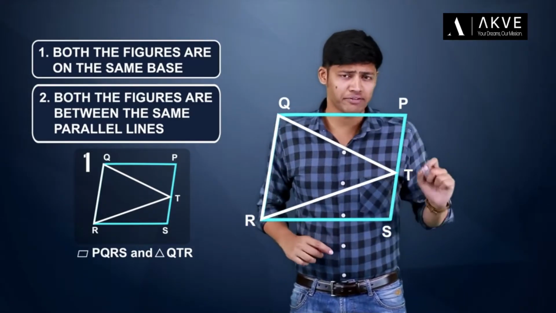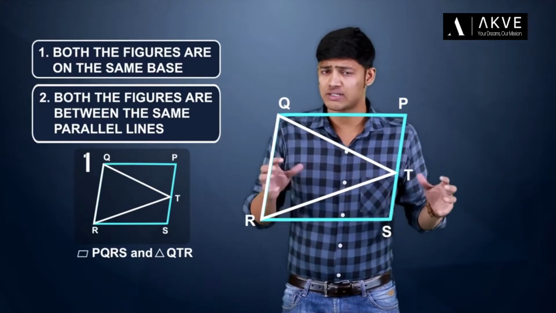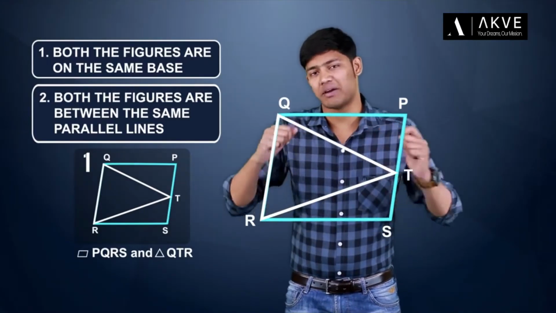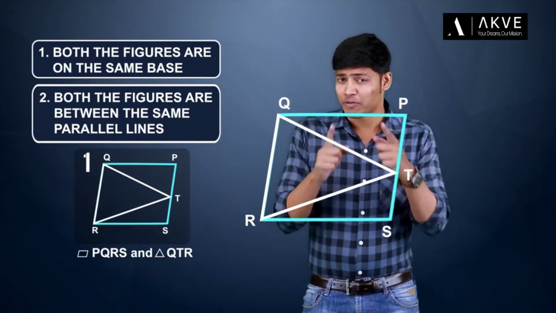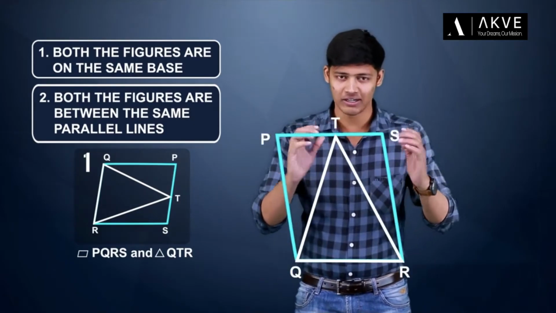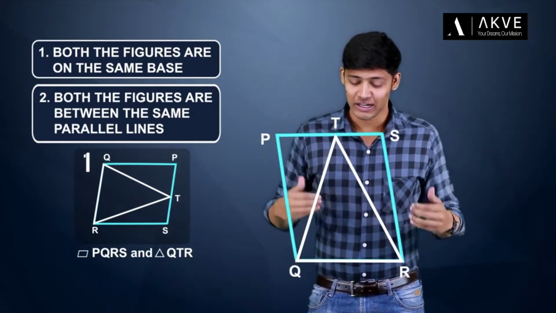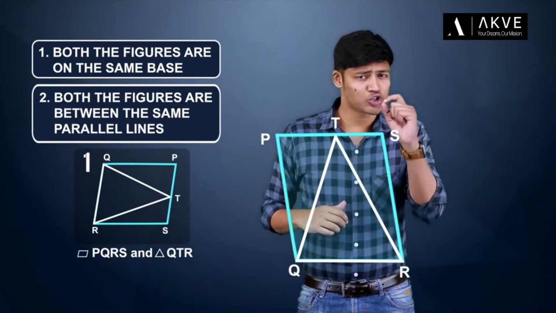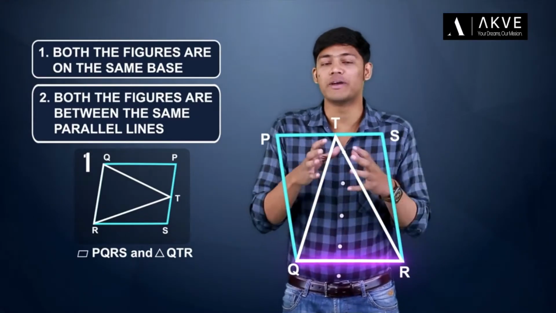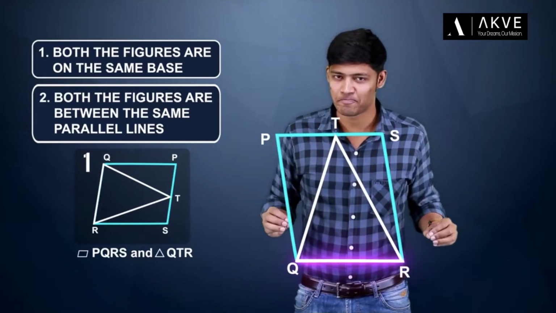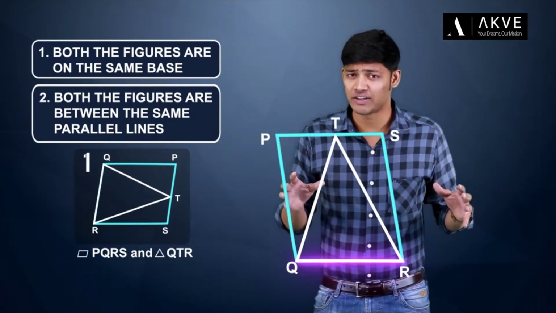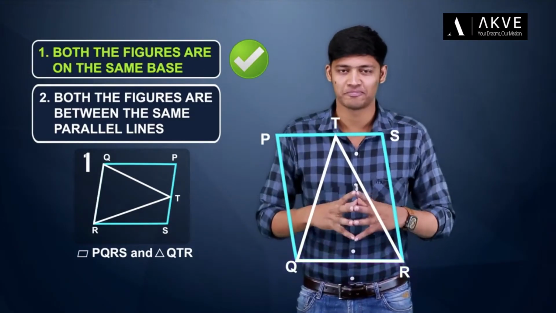First, let's check the first observation, which is that they must be on the same base. Now, if we rotate this figure, we can clearly see that the base of the parallelogram is QR, which is also the base of the triangle QTR, which implies that both of these figures have the same base.